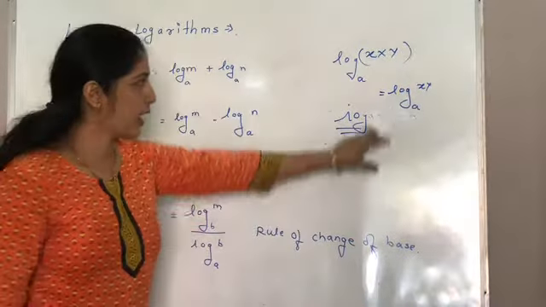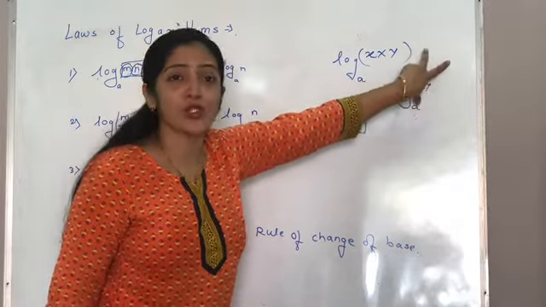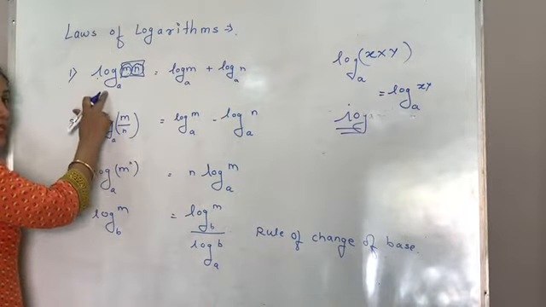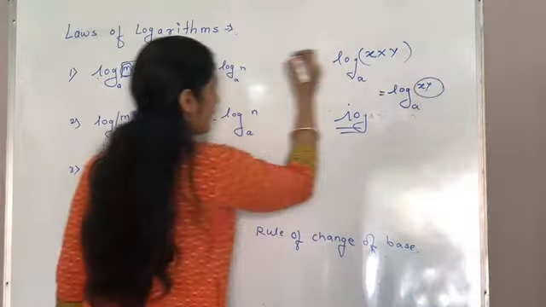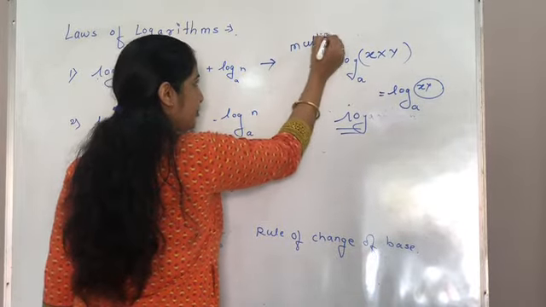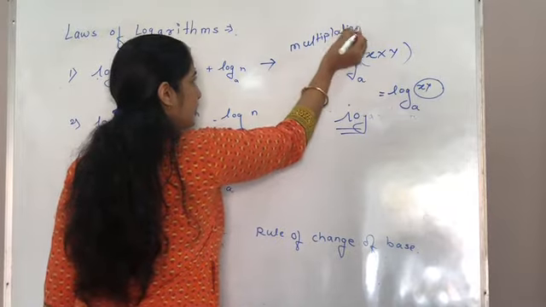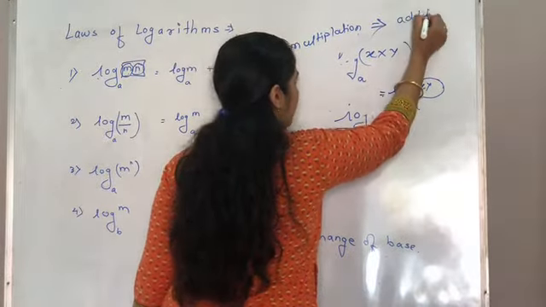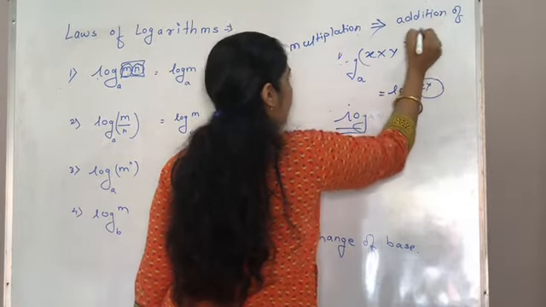Fine. Now, how to use log in this question? See, the log of mn to the base a. What to do? When the multiplication is there, in place of multiplication we do addition. Remember, addition of log.